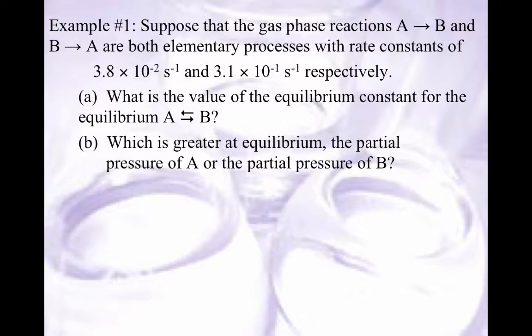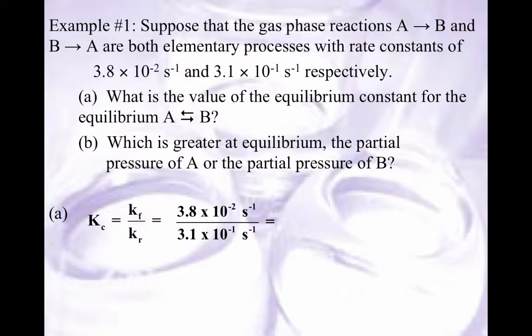Now, if all we are given is rate constants, we can still calculate the equilibrium constant because K is the forward rate constant divided by the reverse rate constant. So if we take the forward rate constant, which is A goes to B, this 3.8, and divide it by the reverse, which is this 3.1 times 10 to the negative first, we can actually find our K. So you can find K by looking at your rate constants.